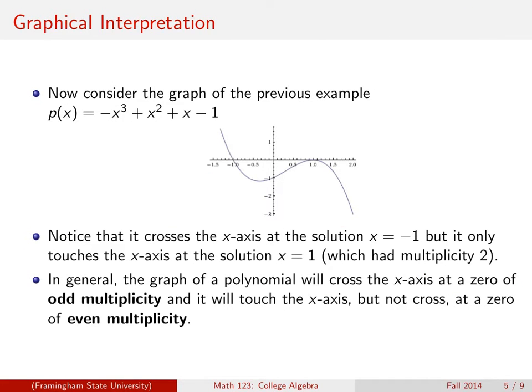So now let's start to look at this in a different way. Let's consider the graph now of the previous example. We originally said that there was a 0 or a solution at x equals -1. And we just did this by inspection. But you could use your calculator if you needed to grab a 0 from the function.